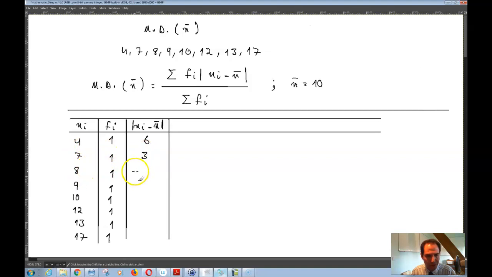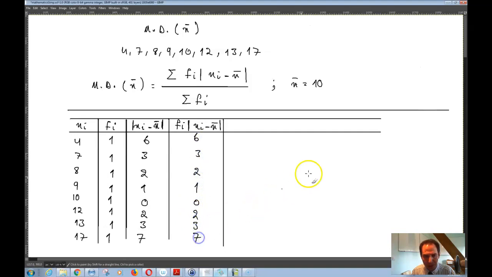Then positive 3, positive 2, positive 1, 0, and a 2, a 3, and a 7. And then if I write f of i times the absolute value of x sub i minus x bar, that will give me 1 times this, 1 times this, and so on. So you will get the same numbers: 6, 3, 2, 1, 0, 2, 3, and 7.